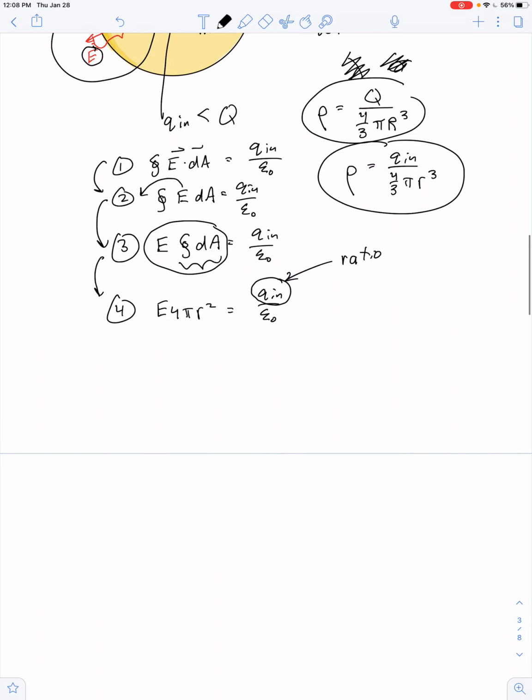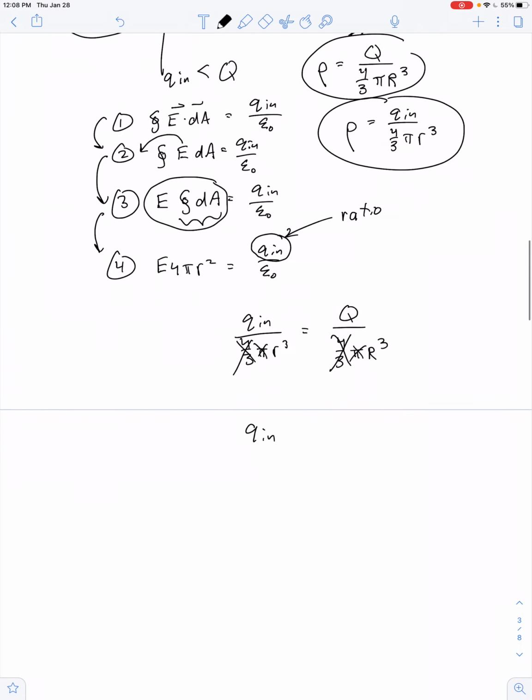So if I set those equal to one another, Qn over 4/3 pi lowercase r cubed equals capital Q over 4/3 pi capital R cubed. 4/3 cancels out, pi cancels out. And the amount of charge inside is equal to all the charge multiplied by the ratio lowercase r cubed over capital R cubed.